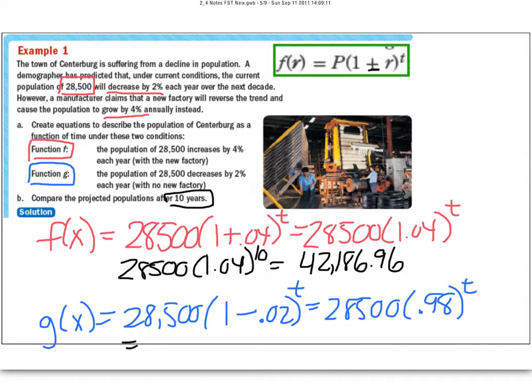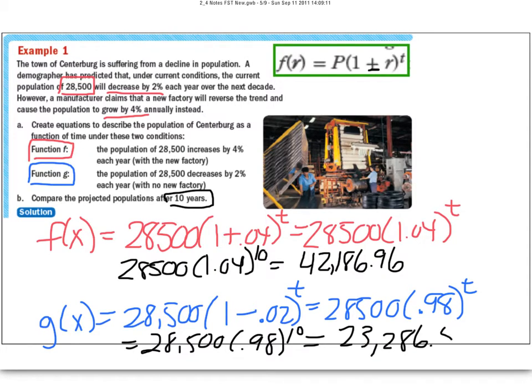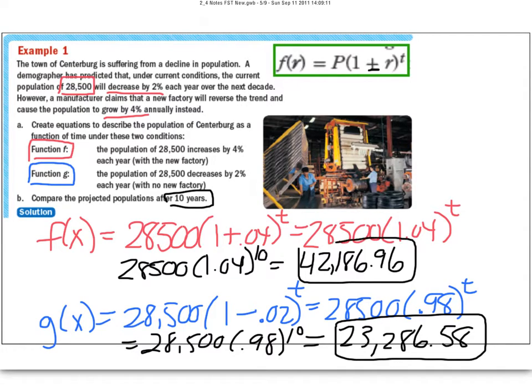And if we do g of x and put 10 in for this function, we have the 0.98 to the 10th power, and that will give us 23,286.58. So you can tell by the final answers what's really going to happen in the next 10 years. It is important to try to have a better understanding because these are two completely different answers, which will lead us to a different direction on what to do.